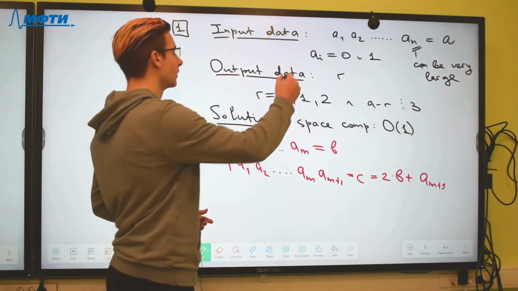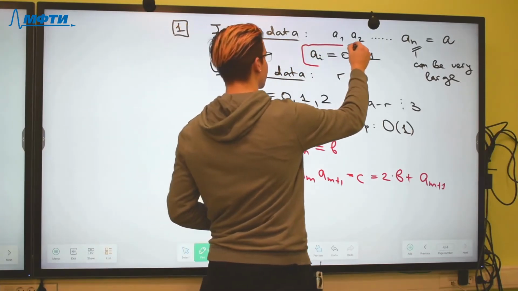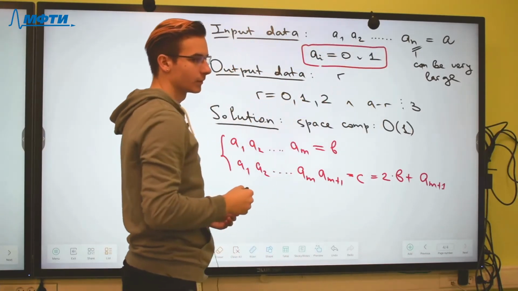And all these characters are equal to 0 or 1.